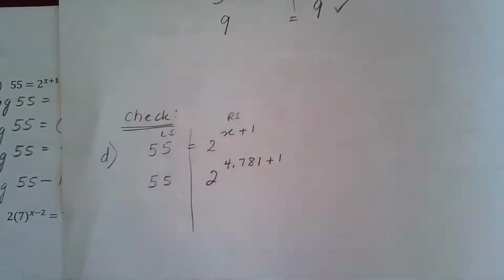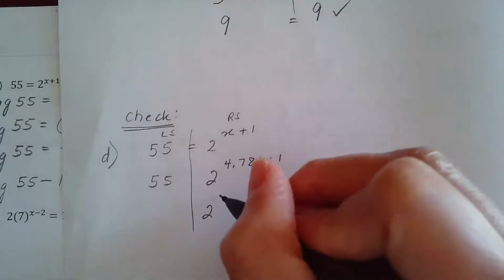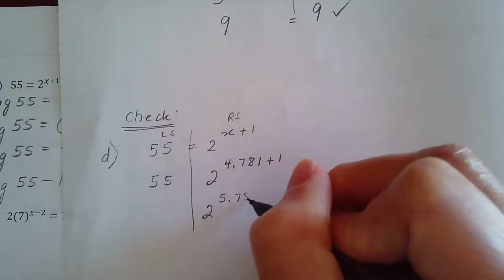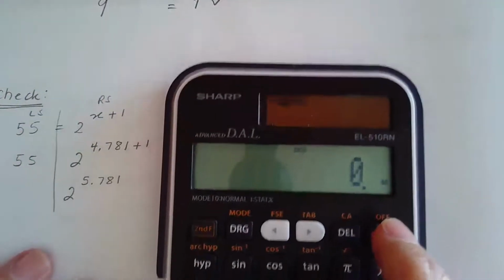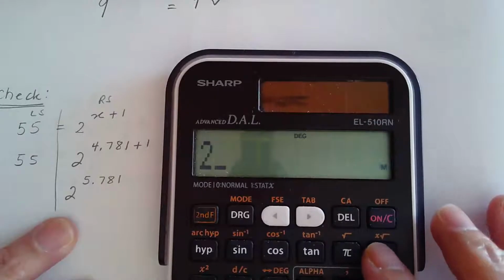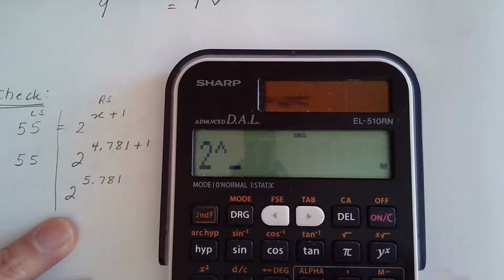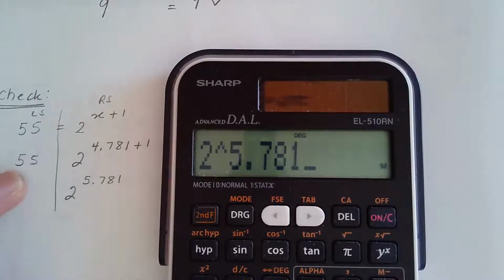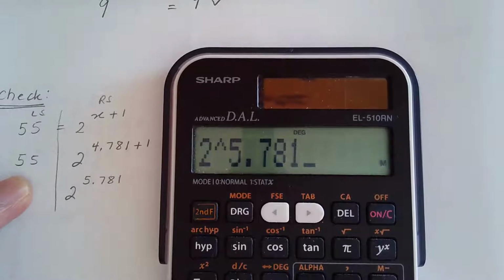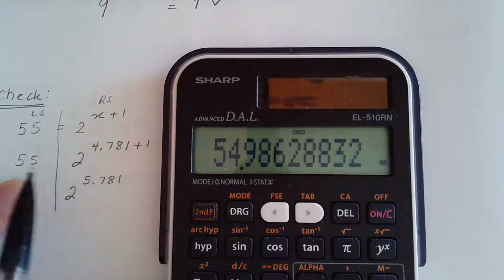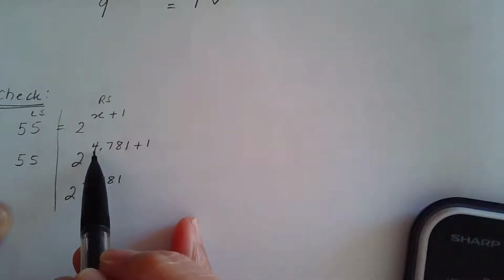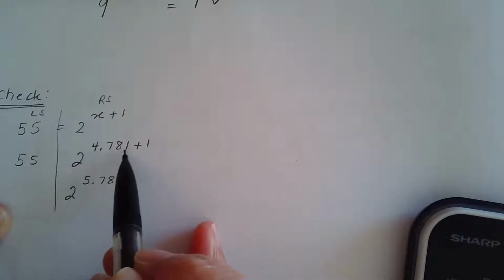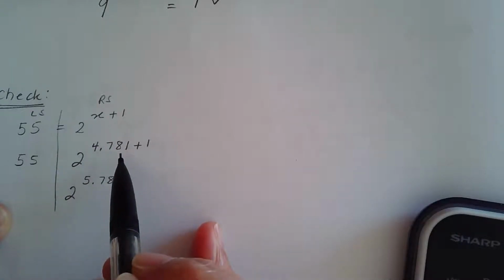So this is really 2 to the exponent 5.781 approximately. So I'm going to do that right away. 2 to the exponent of 5.781. We might not get exactly 55, just to let you know. Yeah, we didn't get exactly 55 because this 4.781 was rounded to 3 decimal places.